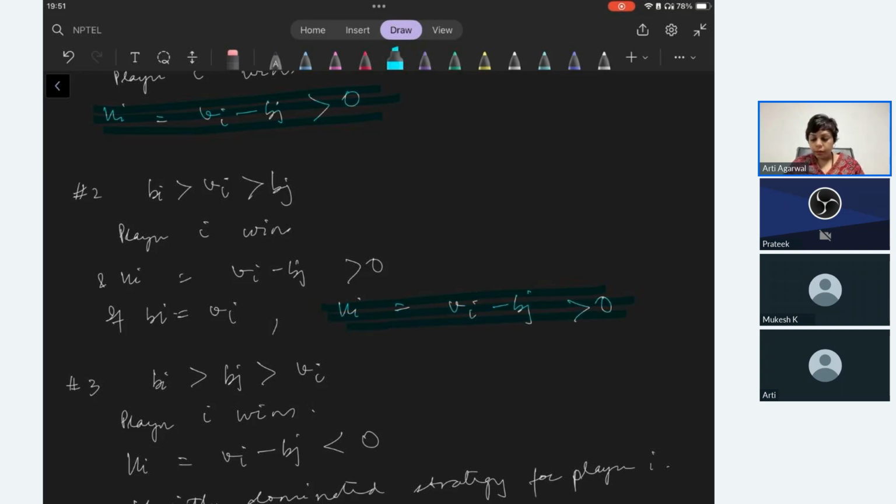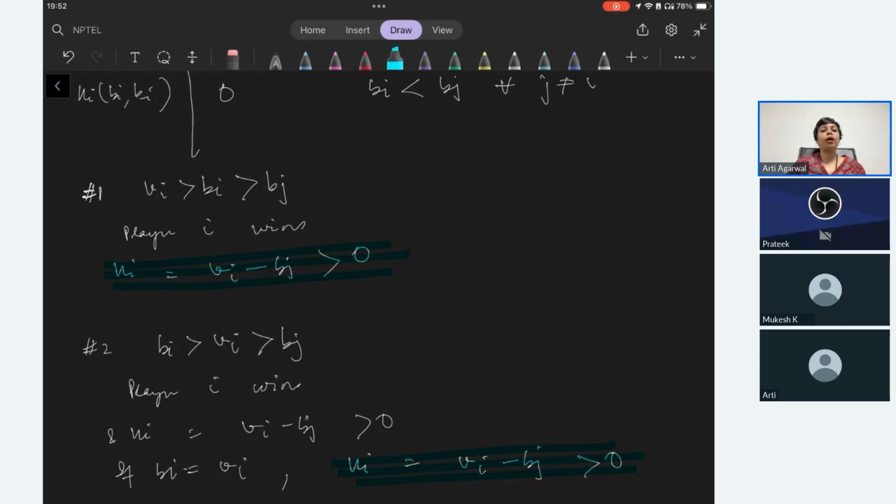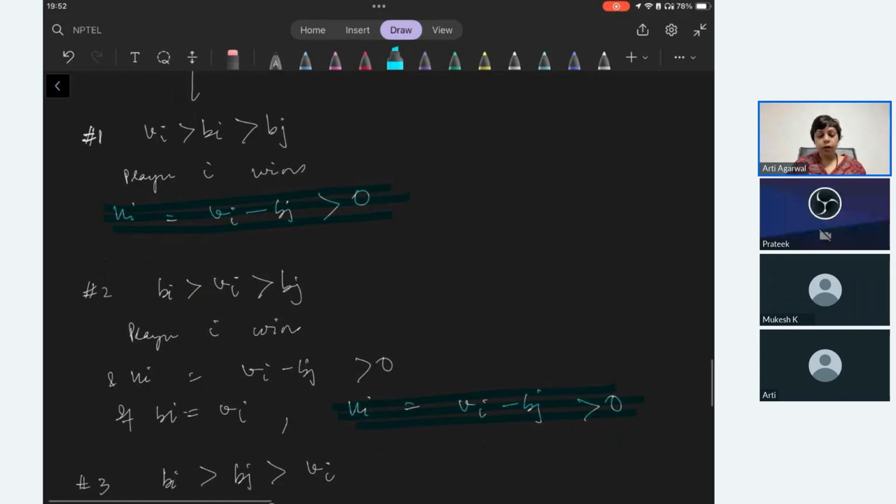This expression and its value is going to be the same, right? So bidding higher than your valuation is not necessarily giving you any better payoff. Bidding less than your valuation is also giving you the same payoff as long as bi is greater than bj, which means that if you bid equal to your valuation, you have the highest chance of winning the bid without running into losses.